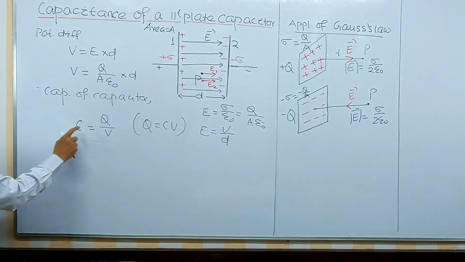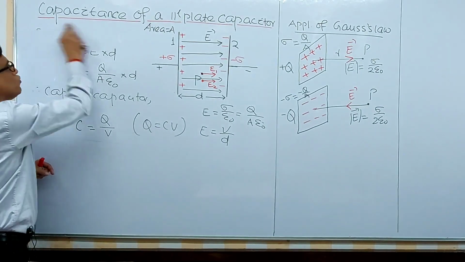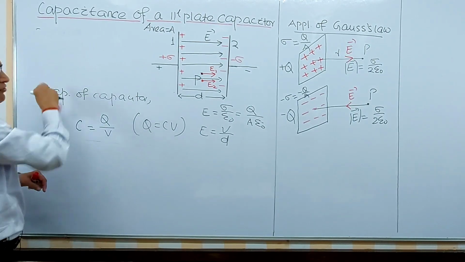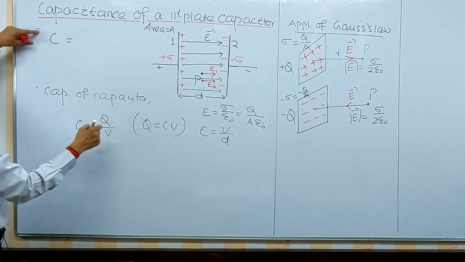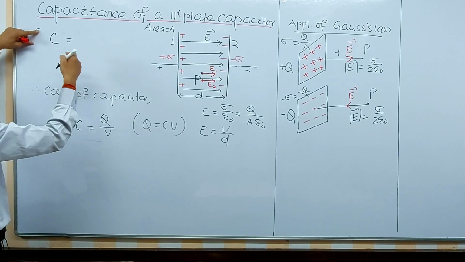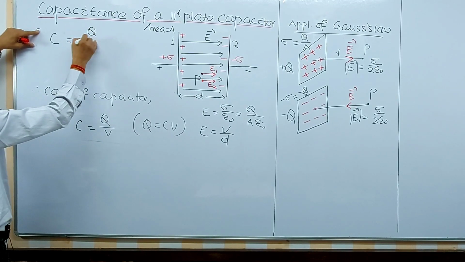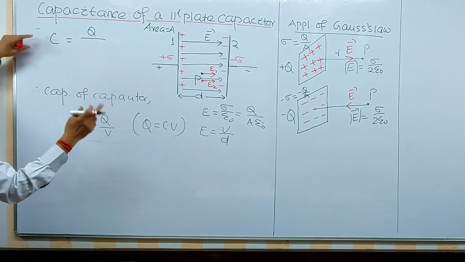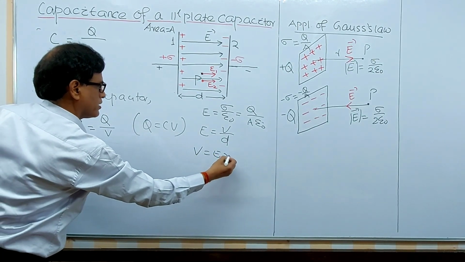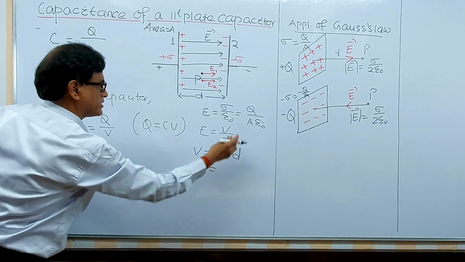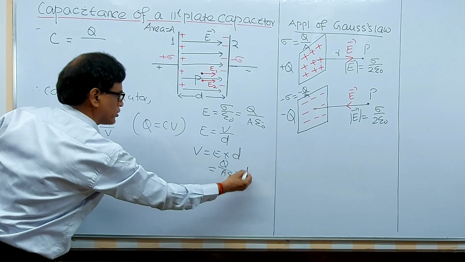That's why C equals Q upon V. Q, V we have calculated earlier. Again you can see here V equals E into D, that is Q by A epsilon 0 into D.